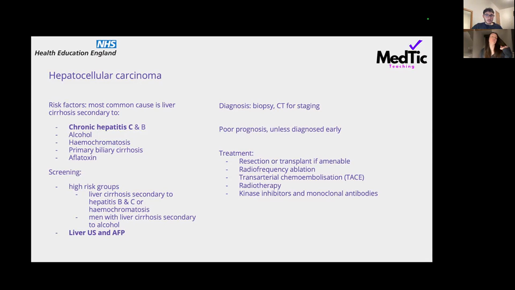If the findings were suspicious of carcinoma, then you do a more in-depth investigation, such as biopsy and CT staging, to actually diagnose the cancer. Typically, there's a poor prognosis. However, in early disease, you can consider resection or transplant if amenable. Other than that, you can consider radiotherapy and a few other more specialist treatments as well, such as kinase inhibitors.